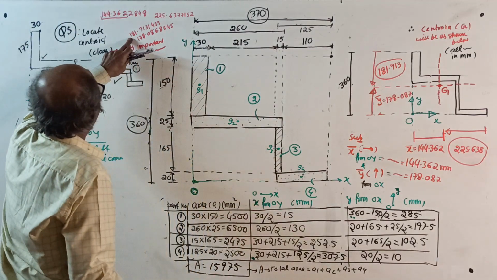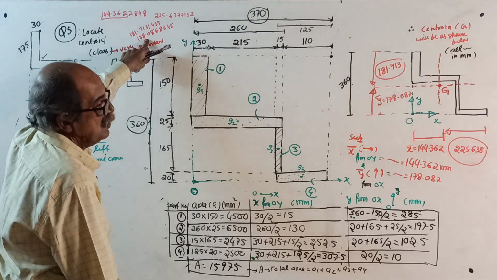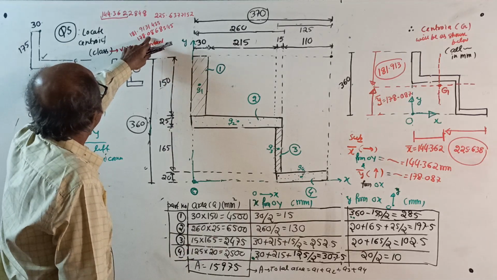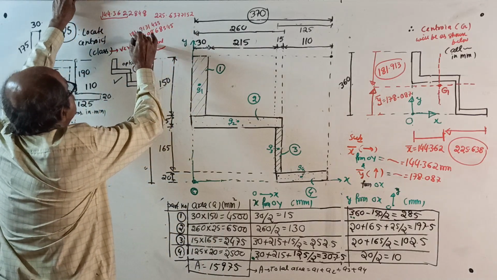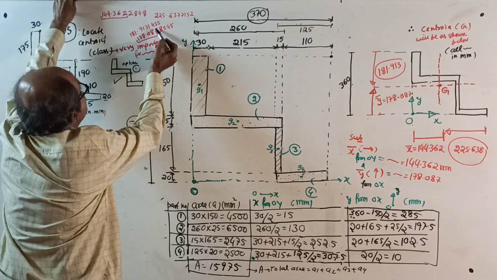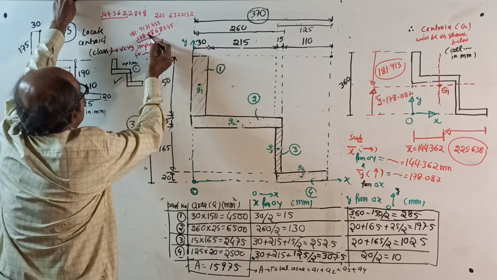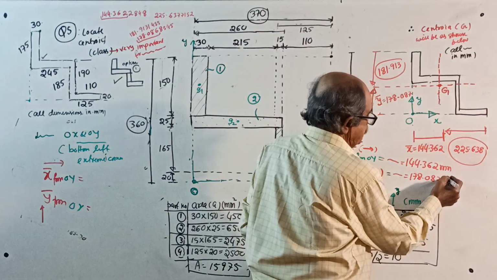Y bar, I got 178 from the bottom, 178.0868545. I rounded to the third decimal, that is 178.087. Since 8 is there, 0.087. So I rounded it, in millimeter, sufficient.